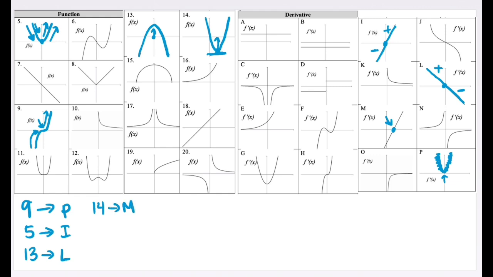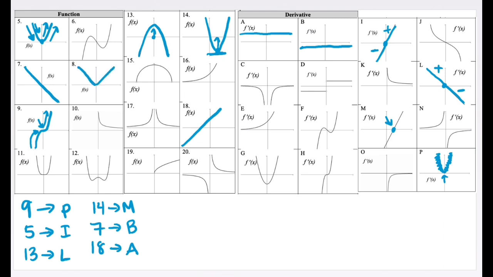All right, now we have two linear functions, graph 7 and graph 18. A linear function has a derivative that is a constant. 7 has a negative slope, so it's going to have a negative constant, so it's going to match up with B. And then 18 has a positive slope, so it's going to match up with A. So 7 is matching up with B, and 18 is matching up with A. Now, 8 is an absolute value, which means it's going to have a negative slope and then a positive slope.